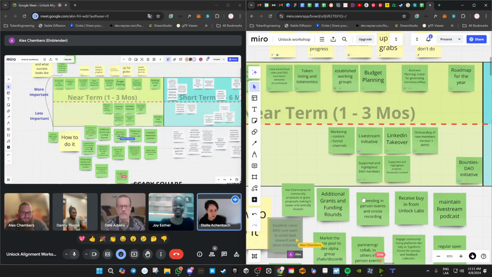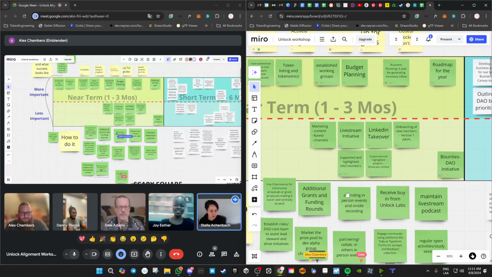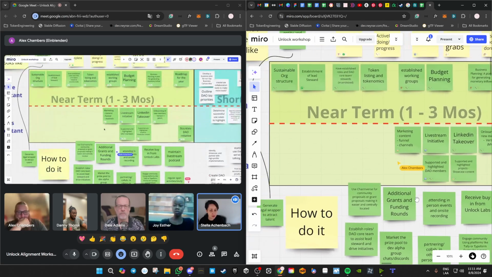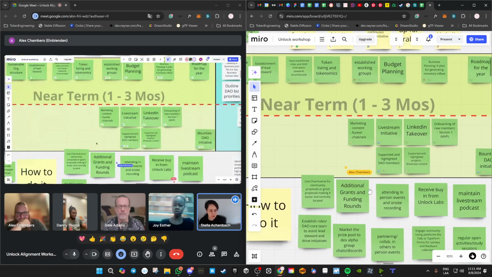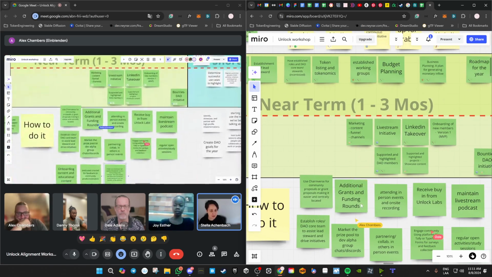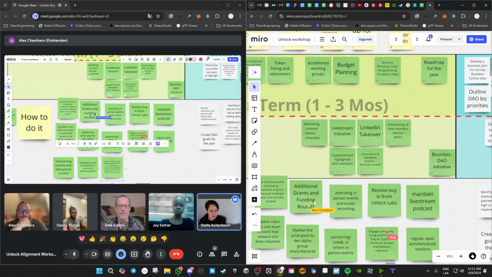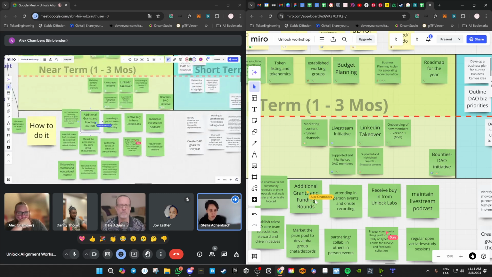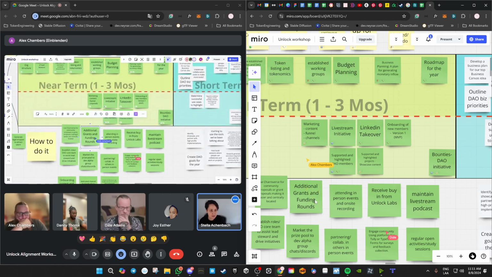Okay, so now we would cross-reference, right? So, for example, additional grants and funding rounds. I think that's something we are already doing, or have been doing, so it would definitely be near term. But it's actually nowhere on the board yet, because it's not really Bounty's DAO initiative, right?